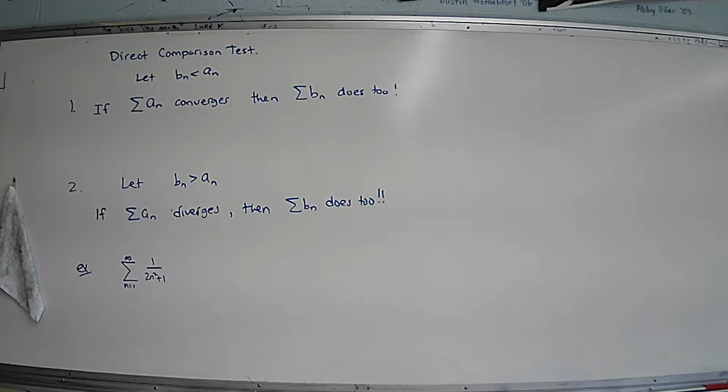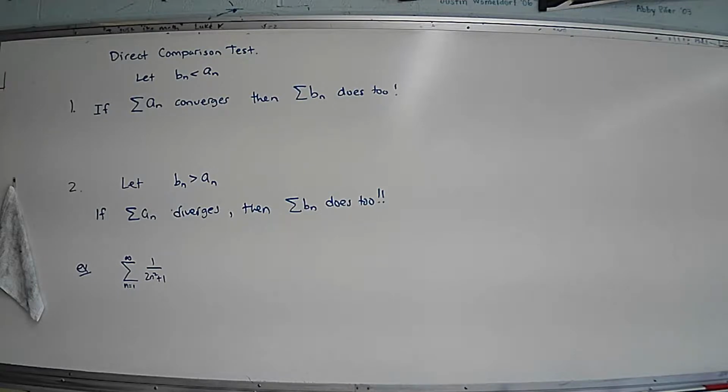So the problem that we all have, essentially, when we're dealing with these comparison tests, the first problem is, what do we compare to? And then the second problem that we often have is, how do I show this is greater than or less than? Okay?